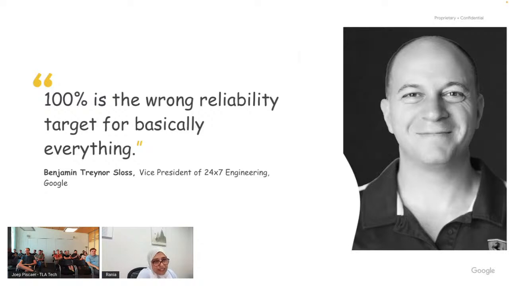Even if you are doing canary deployment or blue-green deployment, things can happen. And that's why 100% is a wrong reliability target for anything, okay? You need to consider that while planning, and you need to always consider that there will be a failure, and hence your SLA should consider such a failure as well as the SLO, because things can happen.